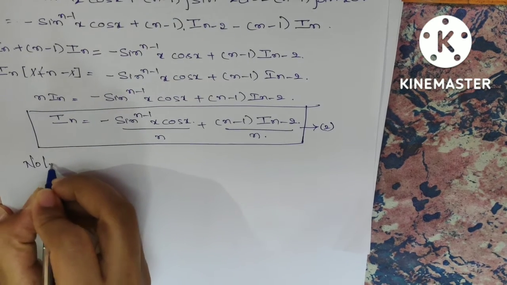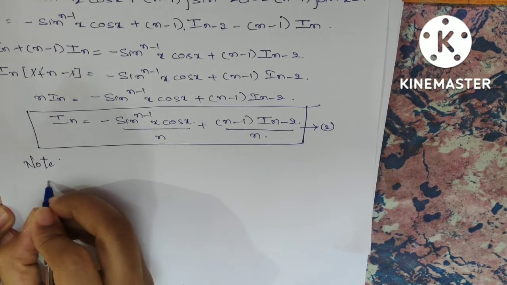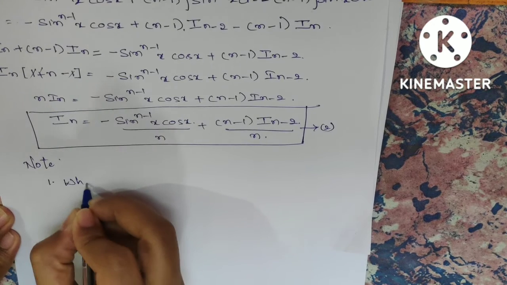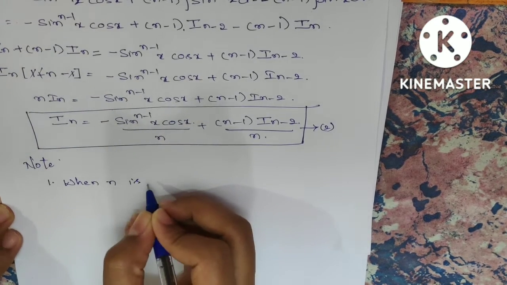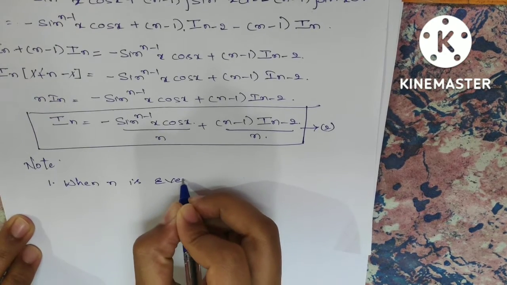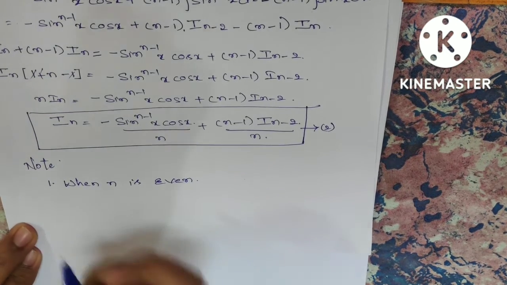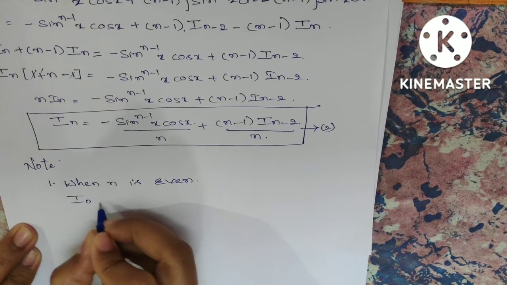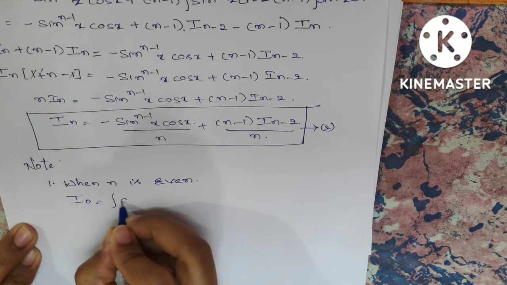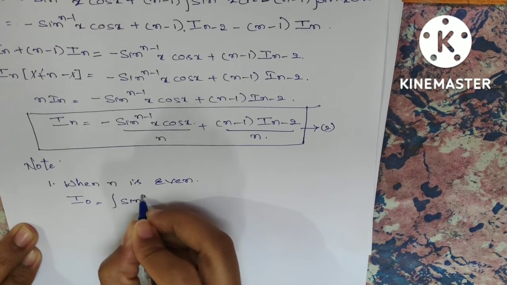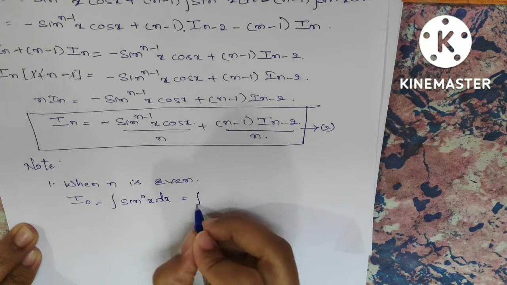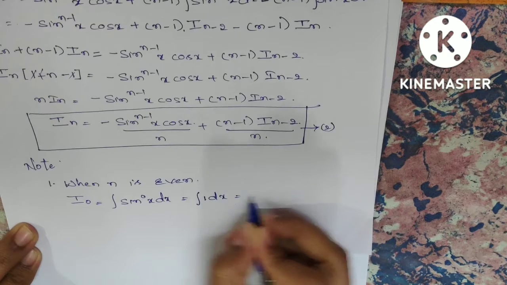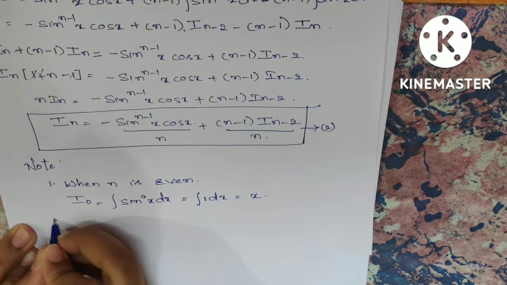Note: first, when n is even, then I_0 equals integration of sin^0 x dx. Anything to the power of 0 is 1. 1 into dx equals x.